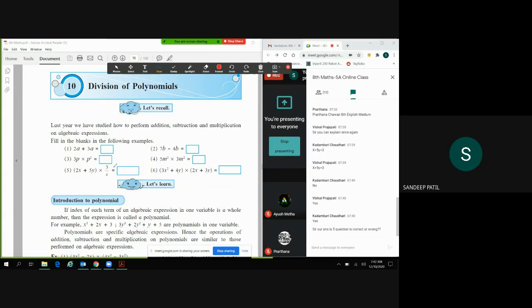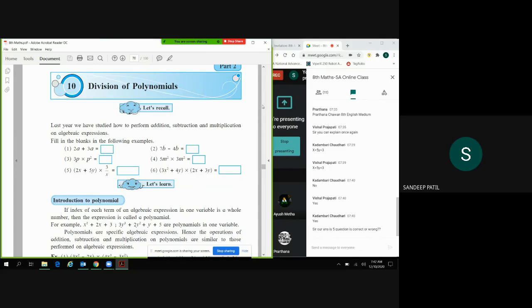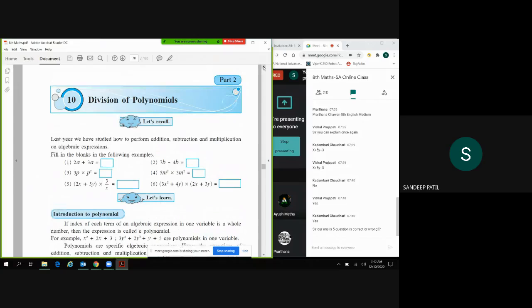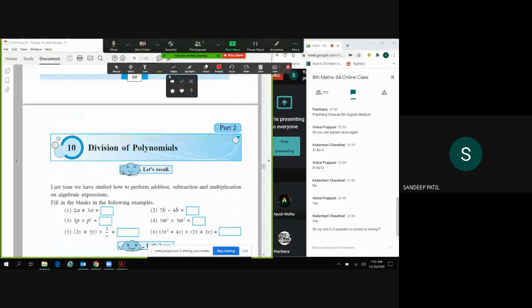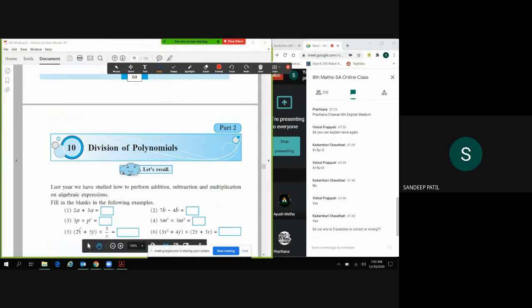So, okay, we will start with the 5th. Here we can multiply. So let's see how to carry out the multiplication here. I will try to solve this problem here.